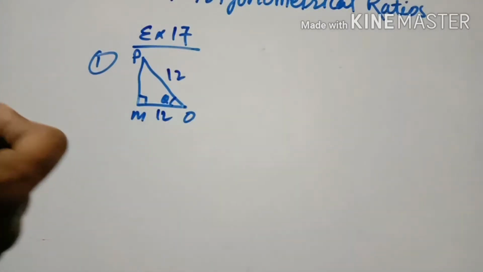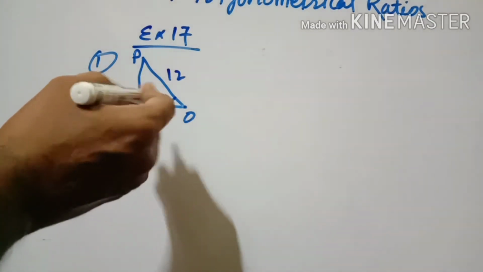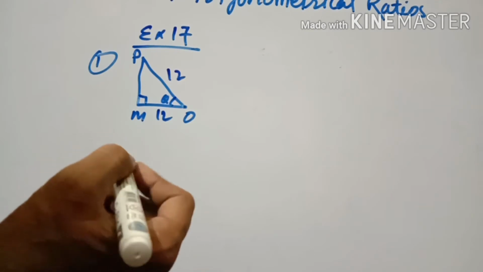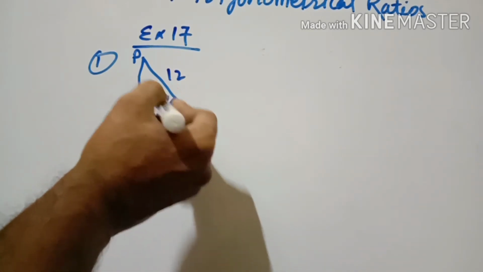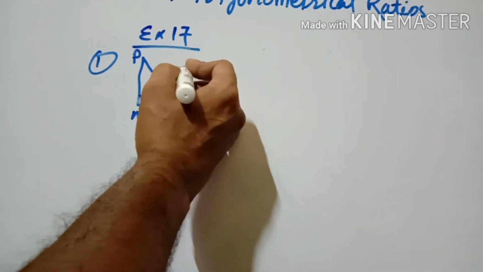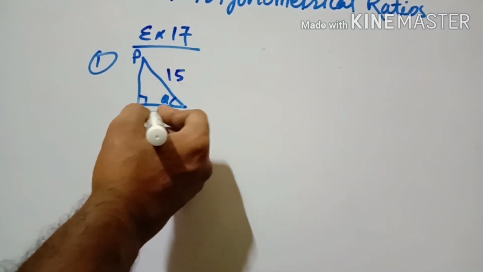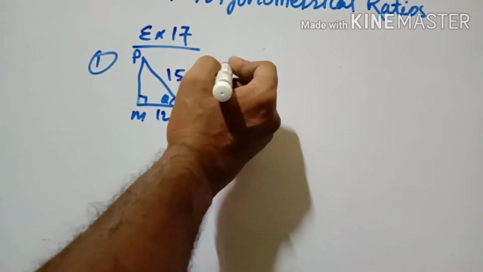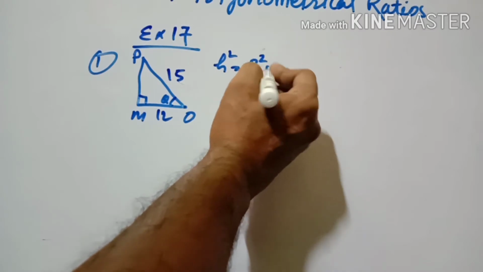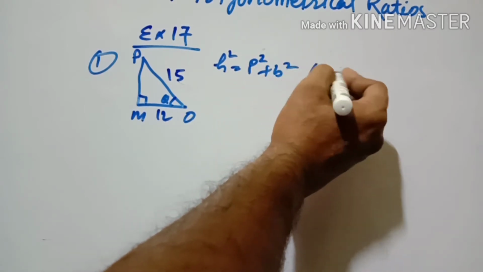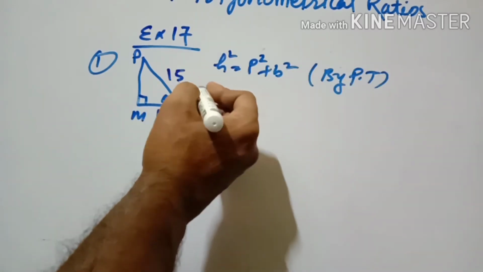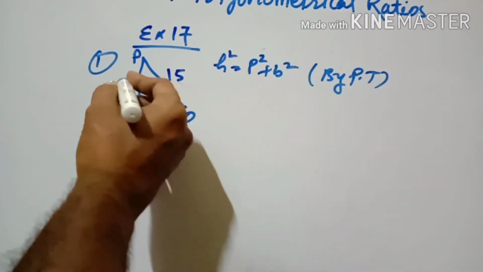Now question number 1a, according to the figure we have to find out sin theta, cos theta, tan theta, cot theta, sec theta and cosec theta. First of all, here the hypotenuse is given 15 and your base is given 12. By Pythagoras theorem, as we know, h square equal to p square plus b square. Here hypotenuse is given, so what we have to find is p square.